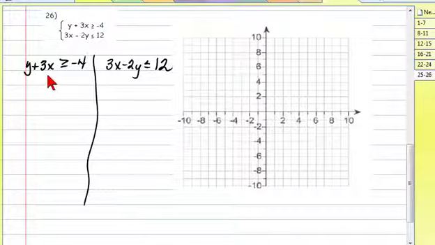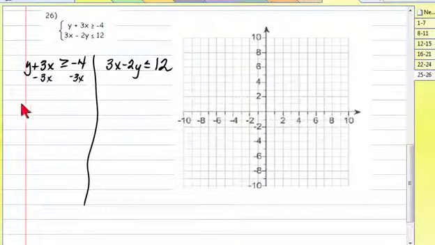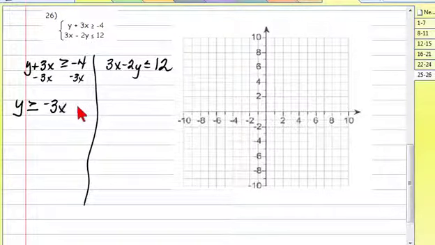All right, the first one, is it in the right format? No, I need the y isolated, so I'm going to subtract 3x, and I get y is greater than or equal to negative 3x minus 4. What does the inequality symbol tell you?